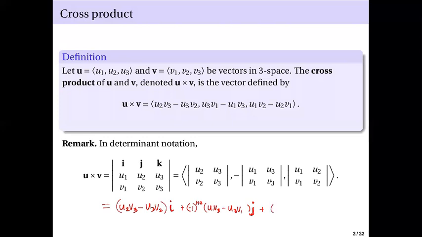So plus the quantity, you have your k here. For the k part, you just have this submatrix here, u1 v2 minus u2 v1. So that's this vector here.